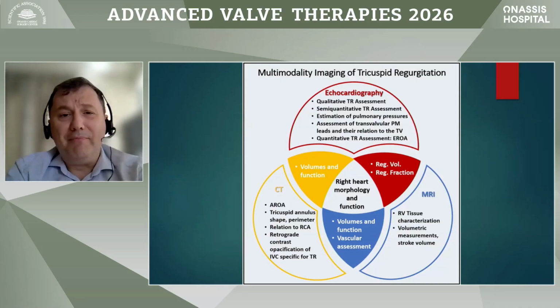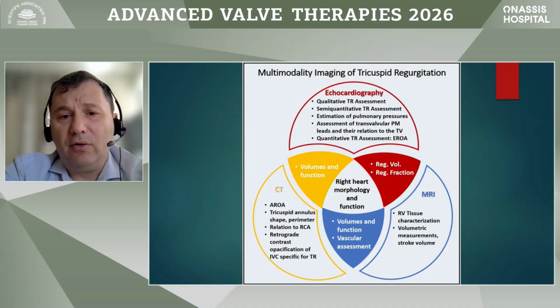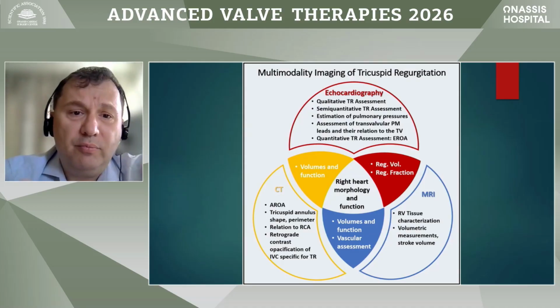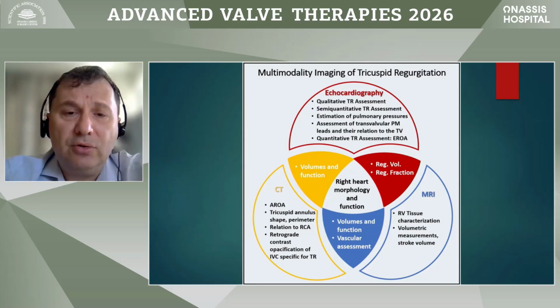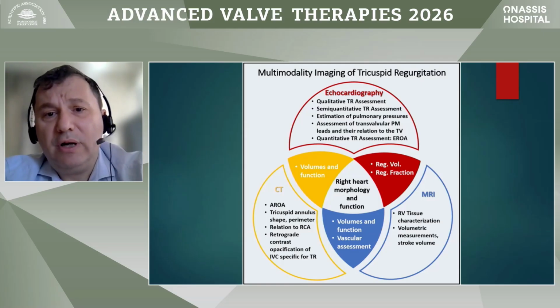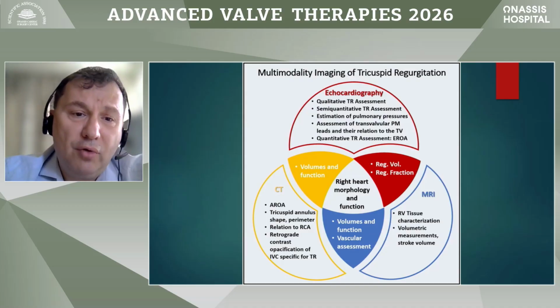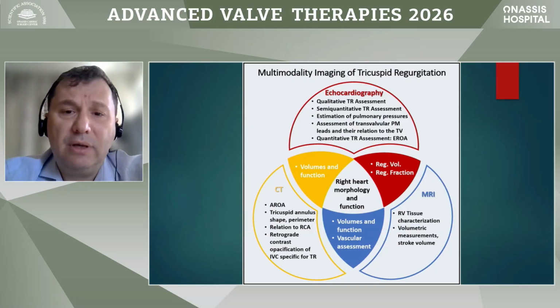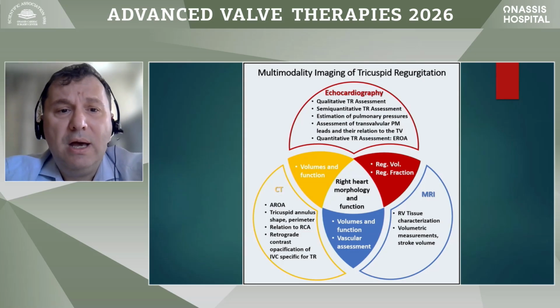And mainly, we assess the severity of the tricuspid regurgitation with the echo. We can also use MRI or CT. And of course, we have to perform a right heart catheterization to distinguish between post- and pre-capillary pulmonary hypertension. We know that precapillary pulmonary hypertension carries a bad prognosis.